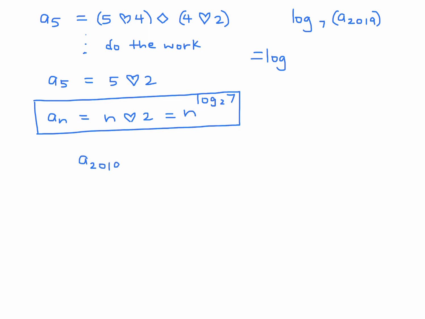A to the 2019 is going to be 2019 heart 2, and that's n to the power of log of 7 to the base 2, where n is 2019. So that is pretty much what that boils down to. So let's put that in there. So it's 2019 to the exponent log of 7 to the base 2, and that's all to the base 7.